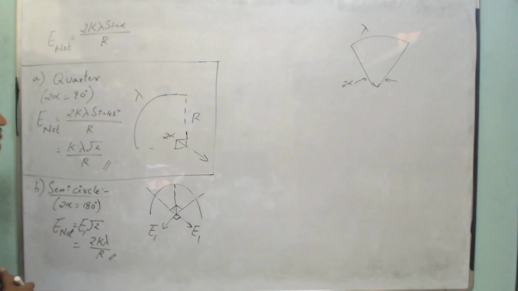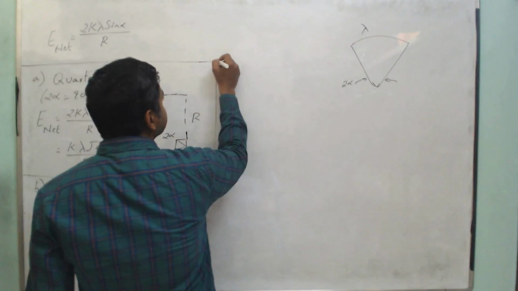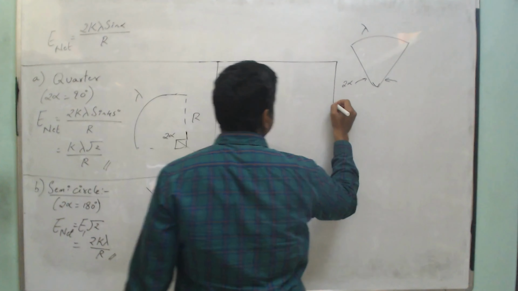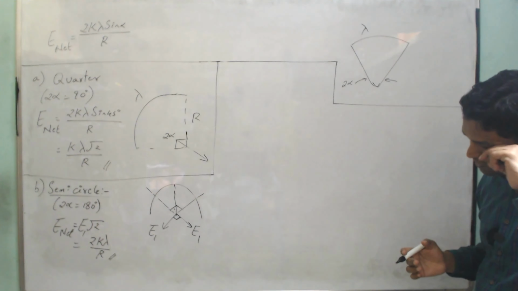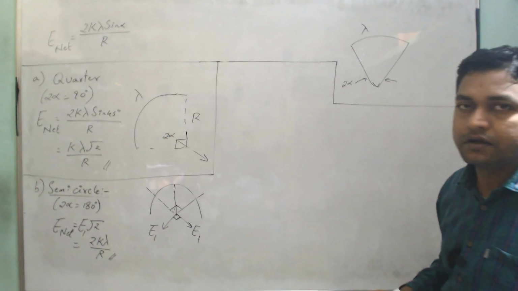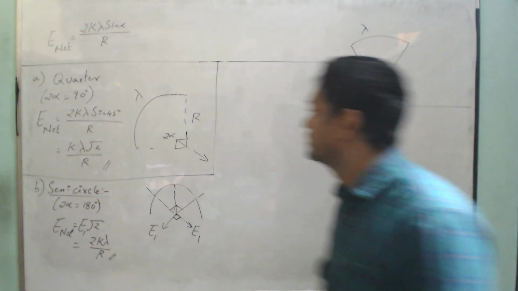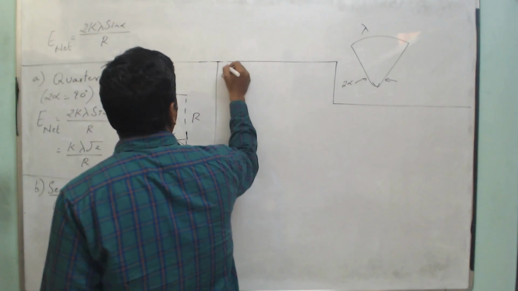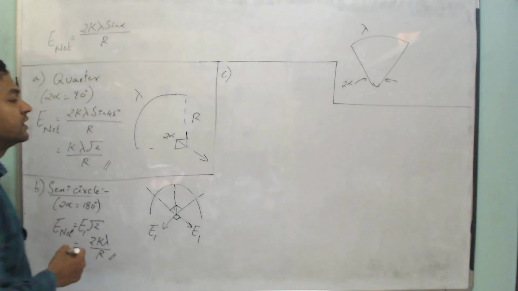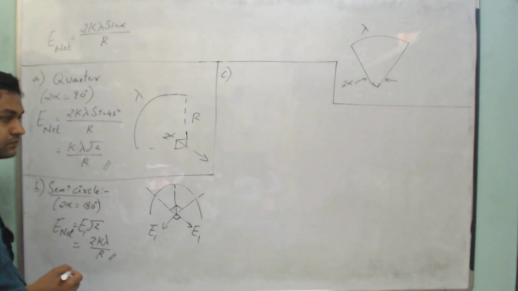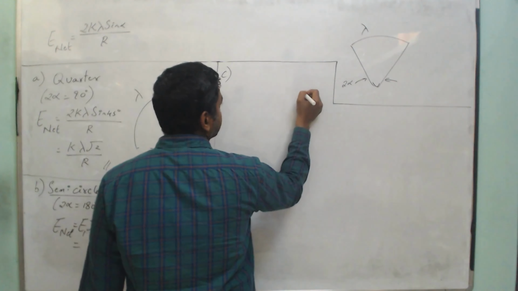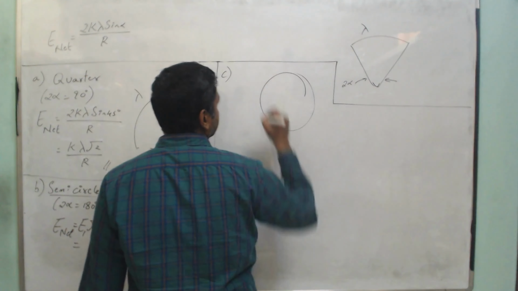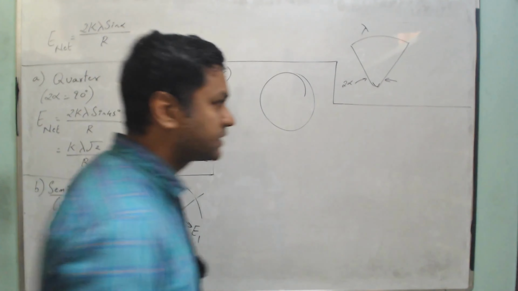Now, in the 270 degree case, there are many ways to solve it. Let me look at this method also: semicircle plus quarter. I am telling you we can also solve by semicircle plus quarter. So this is my circle.